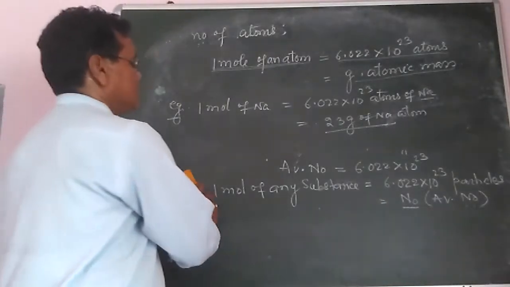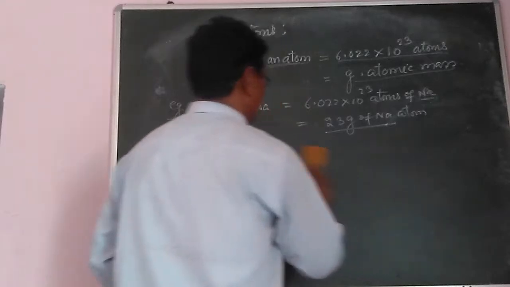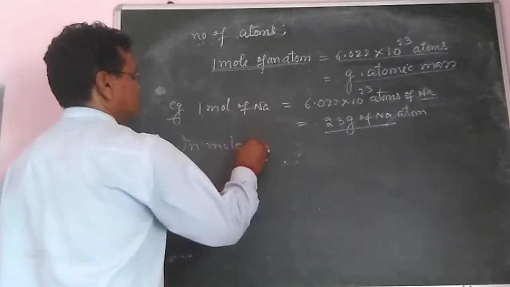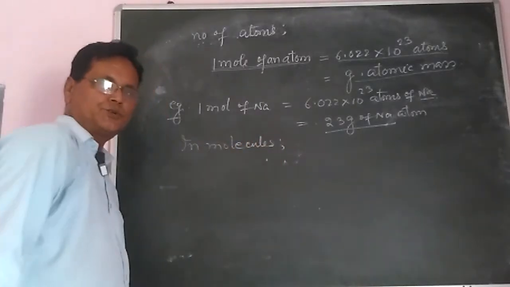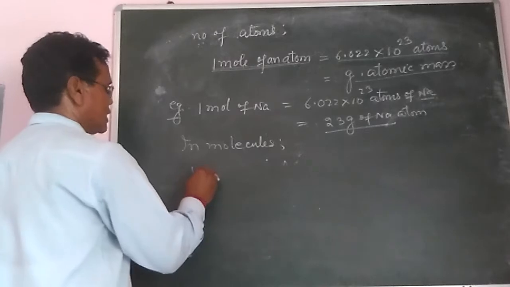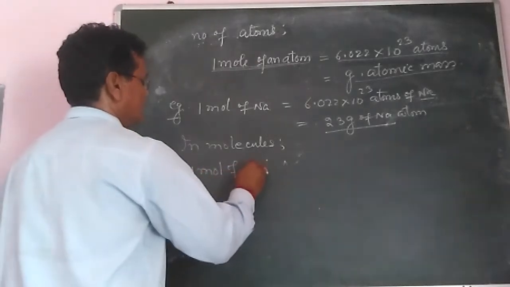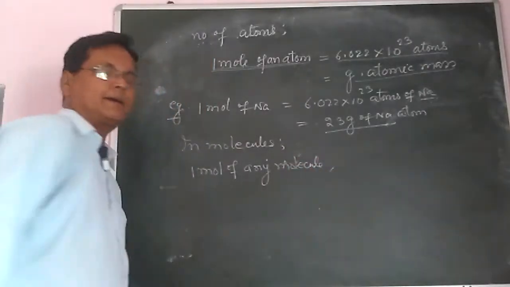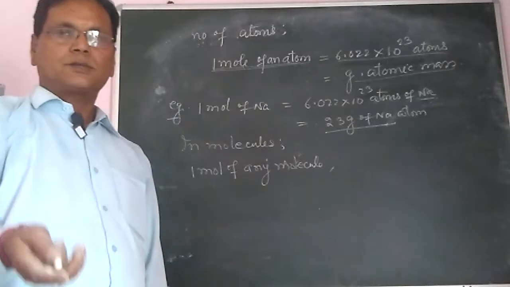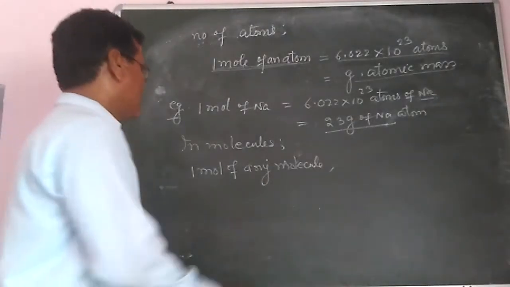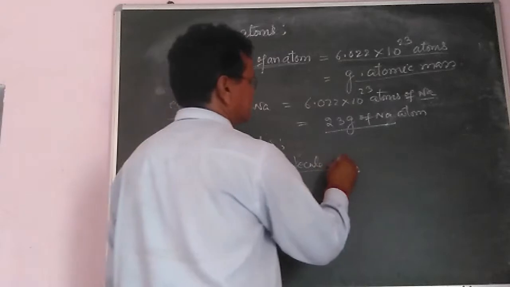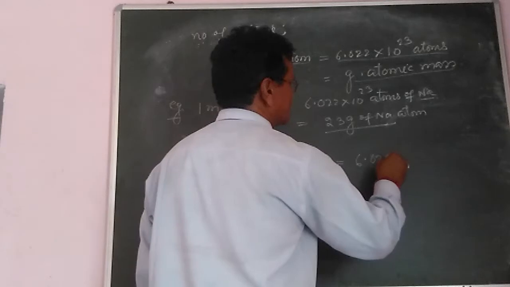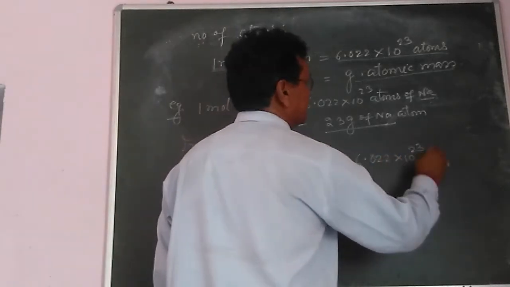Now in molecules. 1 mole of any molecule is equal to 6.022 into 10 to the power 23 molecules.